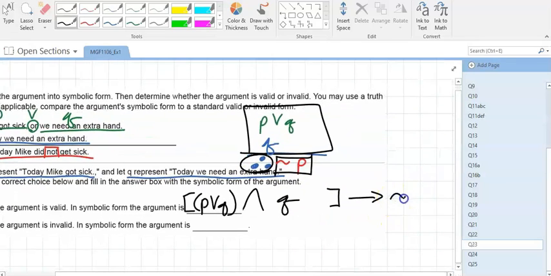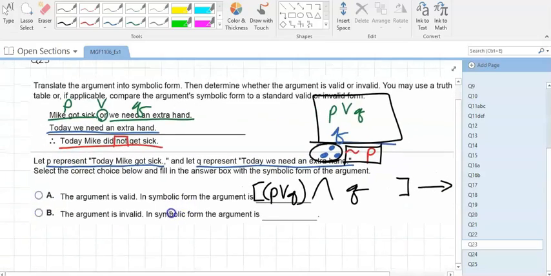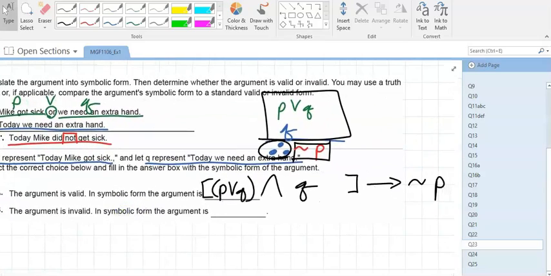So, negate P. That's what they're looking for right here at the end of these. Whichever one you select, you need to write that answer in. Everything that you see right here in black is what goes in one of those two blanks. So all you have to do now is figure out if it's valid or not. That's where we run the truth table on this.